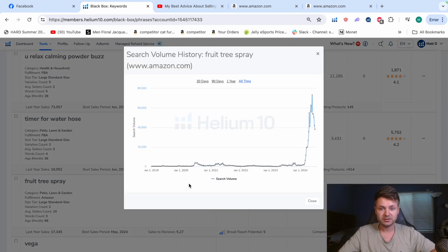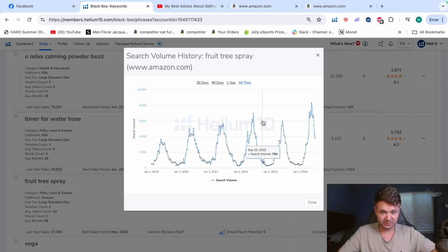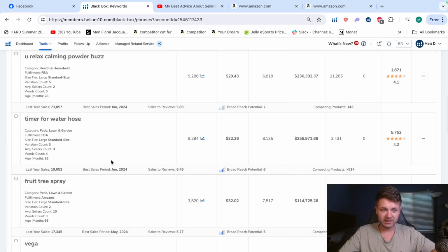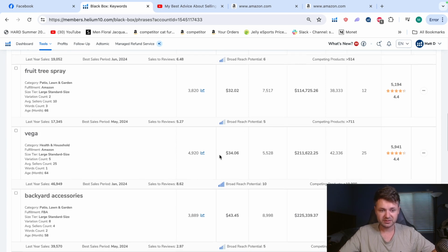If we look at the search trend on that, it is very seasonal. One thing I do like is it is trending up, but this wouldn't be one that I would sell because it's still way too seasonal for me. But getting closer to an idea of what I'm looking for from a customer perspective.